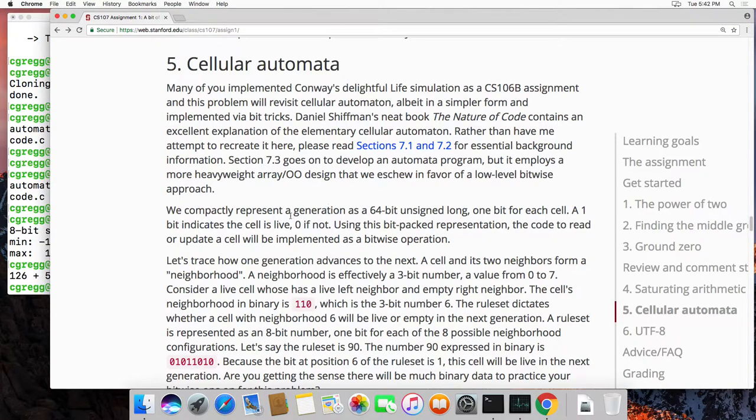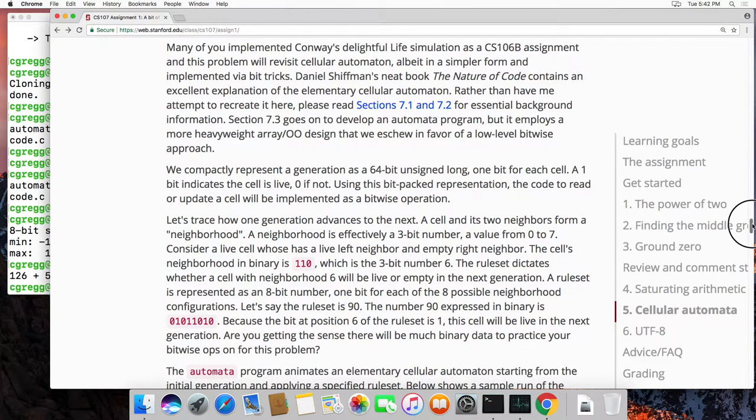Basically, we're going to represent a generation as a 64-bit unsigned long, and each bit is going to represent one cell in this generation, in this automata. If you have a 1, it means the cell is live, and a 0 means it's not live, and you're going to have to manipulate the bits as we go through this. Now here's how it works.